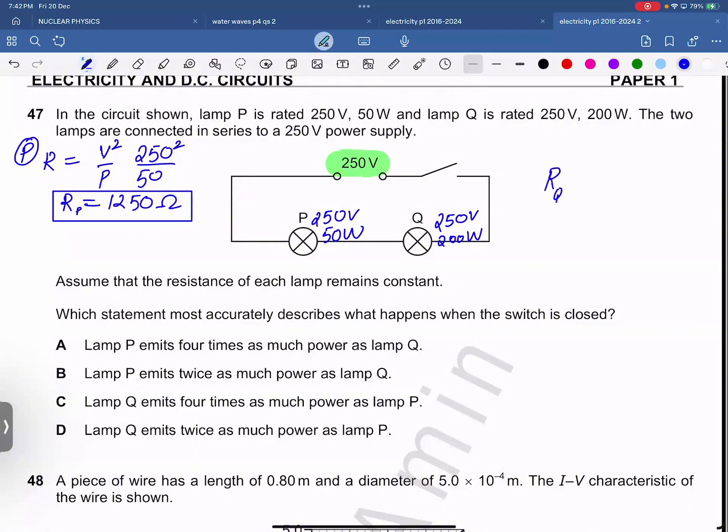And here the resistance of Q I will find: 250 square over 200. It's a very good question.